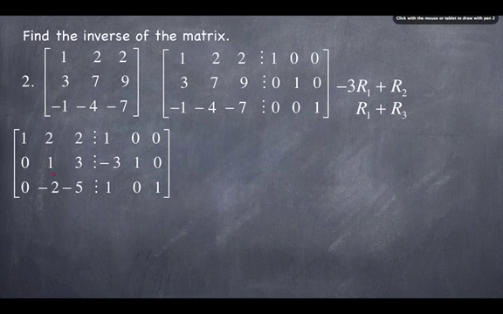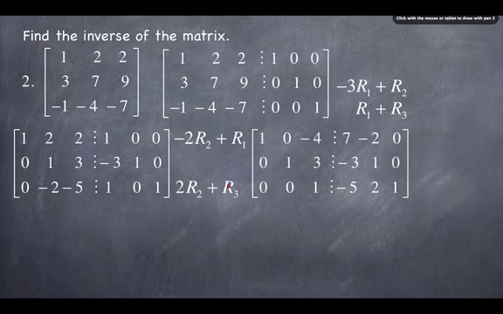Now at this point, I'm going to work with this. I'm going to get rid of this -2 and this +2. So I multiply. I do the following row operations. And once I simplify, this is what I get. I'm almost there. So now all I need to do is get rid of these here, make these into zeros.